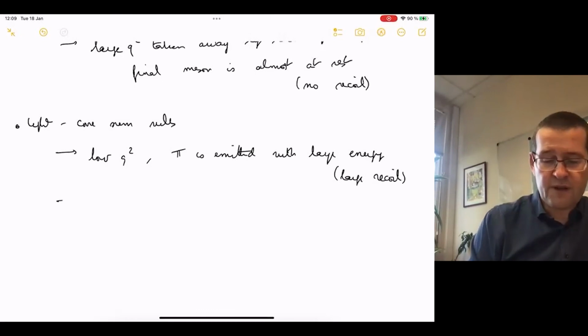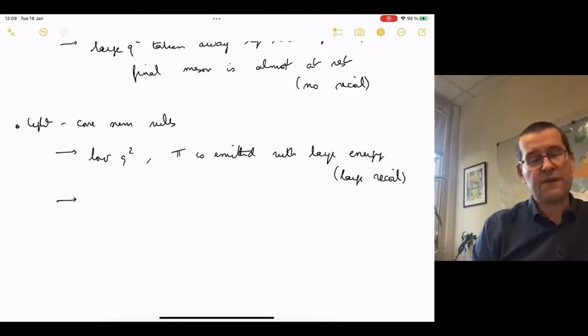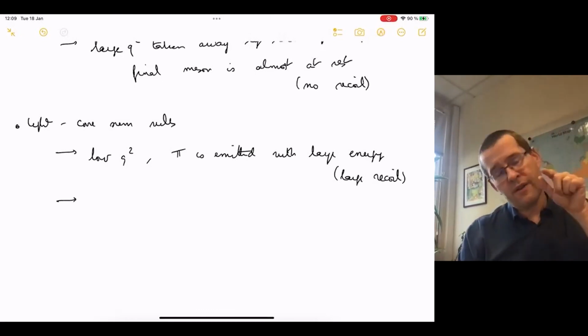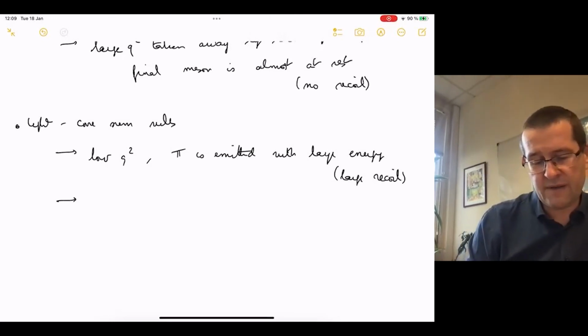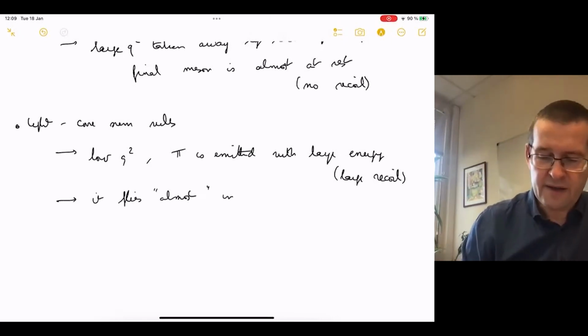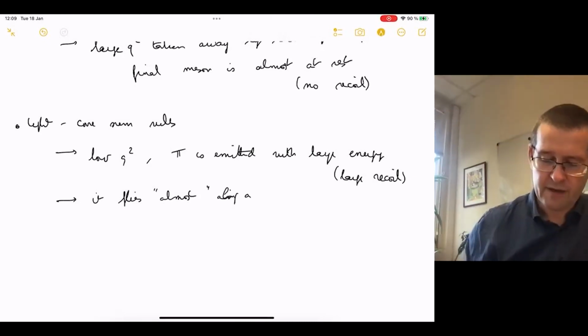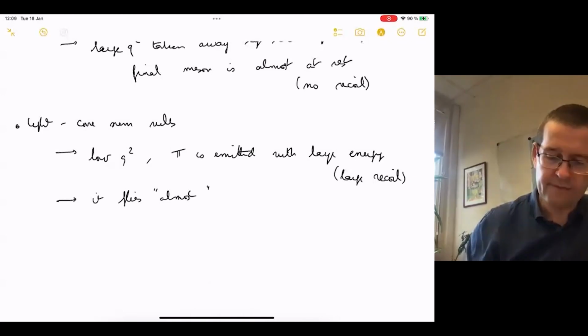And in a nutshell, why is it interesting? Because then the pion is emitted with a large energy. That means that actually it flies almost along a light cone direction.